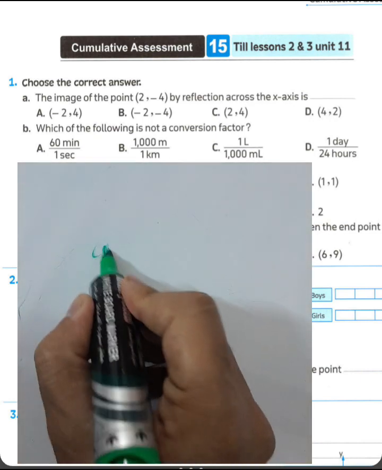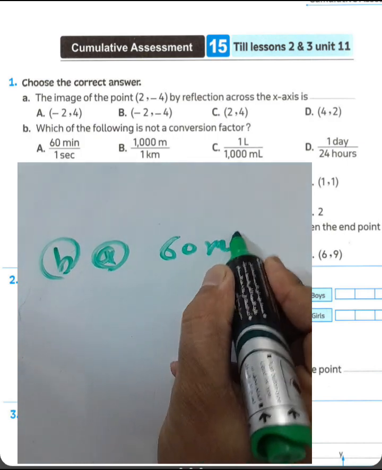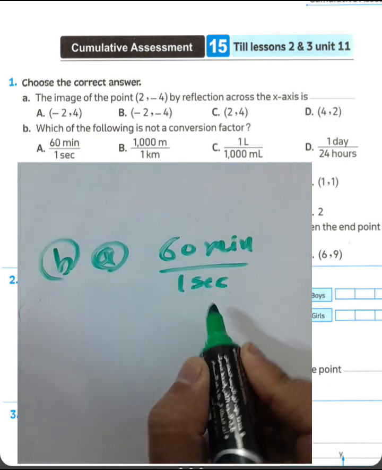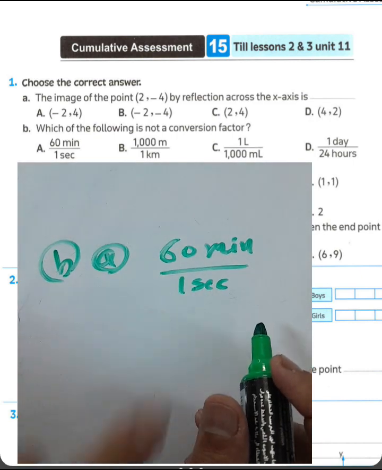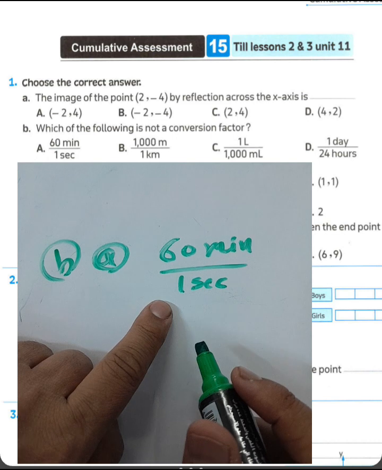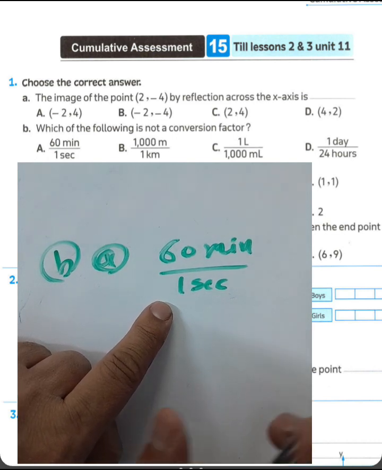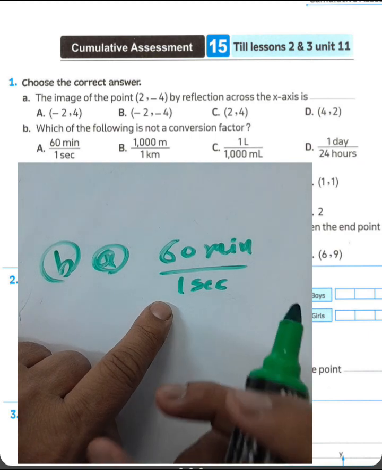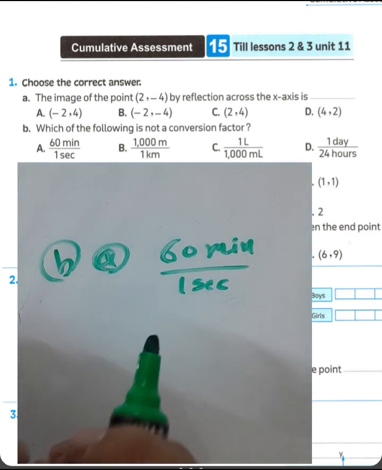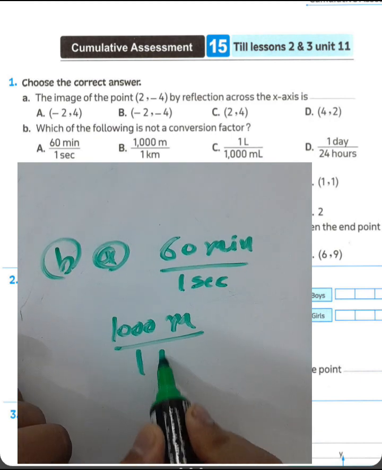We have letter A. About question B, choose letter A because we have 60 minutes over 1 second. It's false because 1 minute equals 60 seconds. Then this solution is false; it's not a conversion factor. A conversion factor compares two quantities with equality in the result using two different units, such as 1000 meter over 1 kilometer.